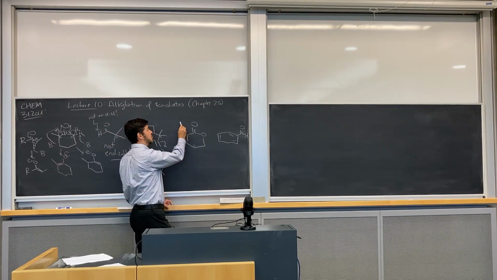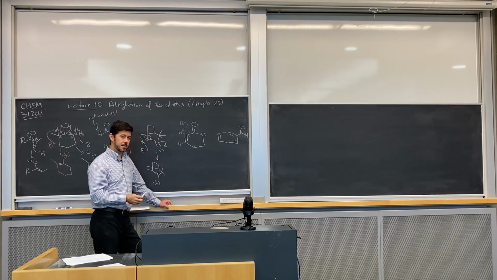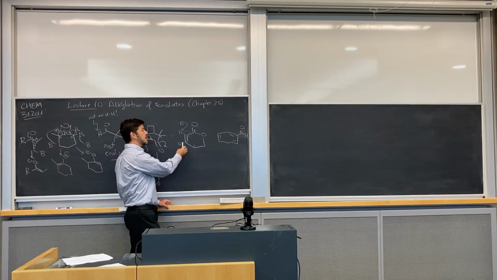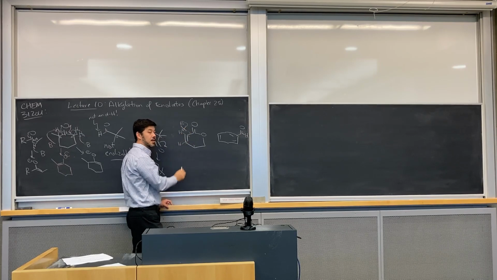If you try to take a base and remove the protons here, that's just not going to work. You already have a double bond here, and even if you delocalize into here, the geometry is just not going to add up. Because of conjugation, and because this is sp2 hybridized, this is not acidic.